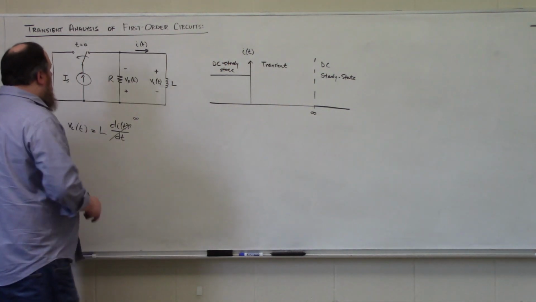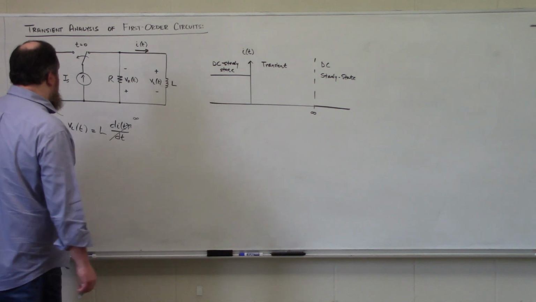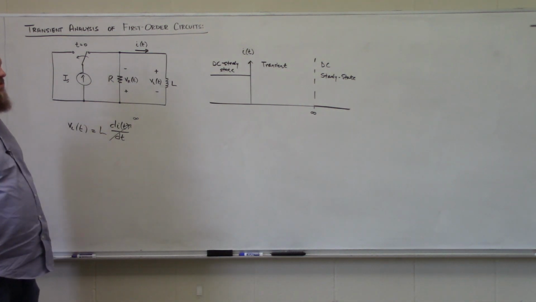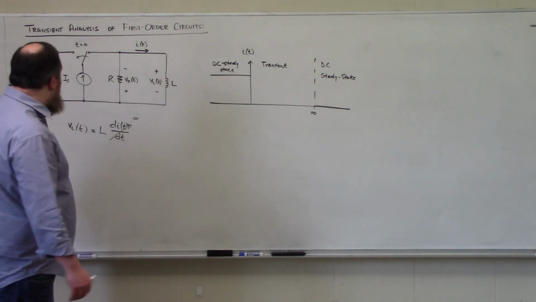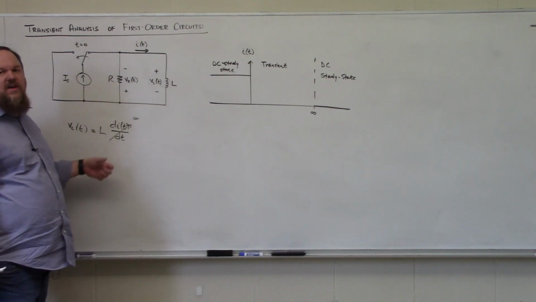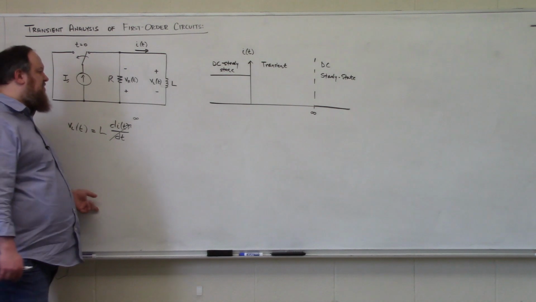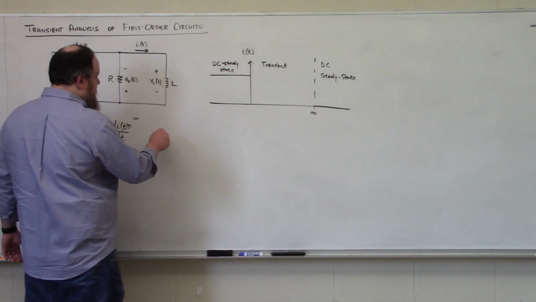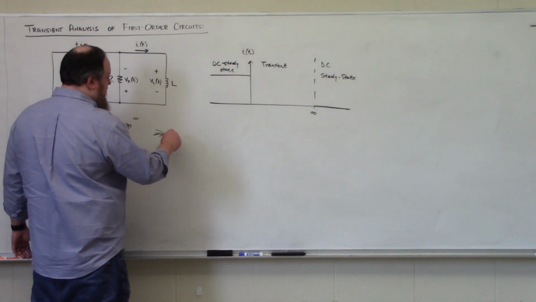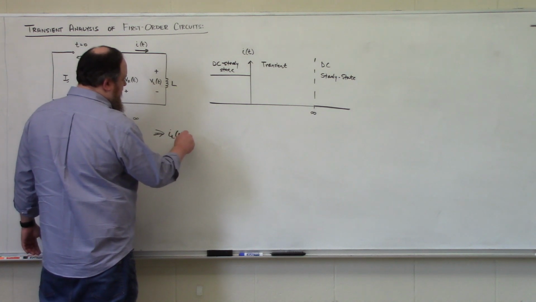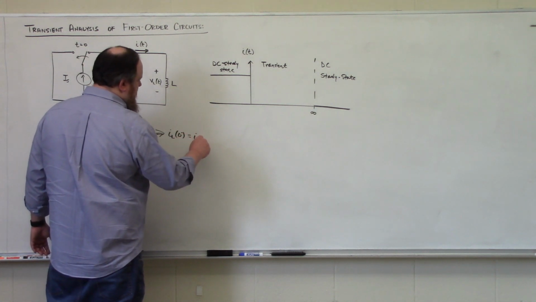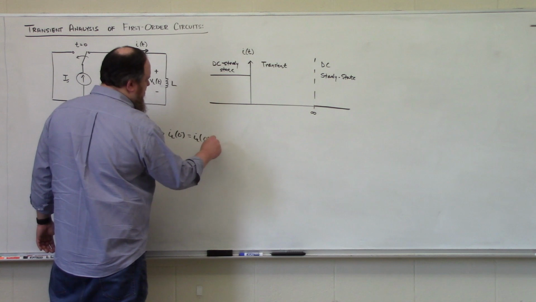This relationship tells us something very similar to what we saw in our capacitors. The current flowing through an inductor cannot change abruptly, so it must be a continuous function. So this implies that IL at 0 minus has to be the same as IL at 0 plus.